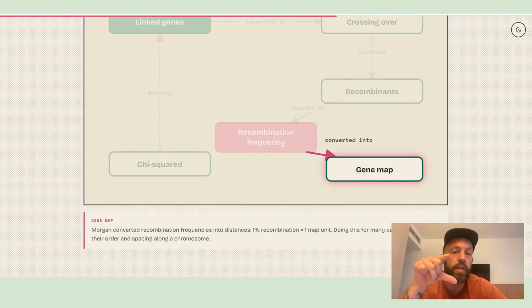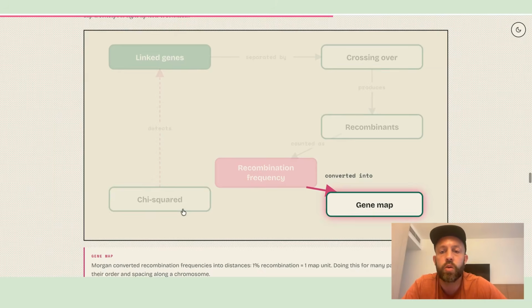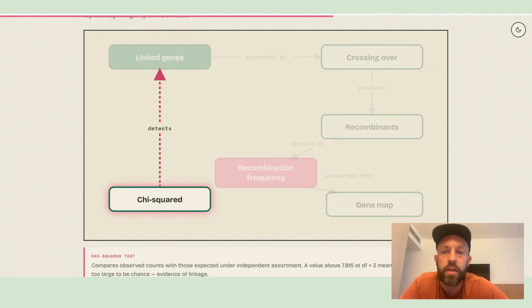If we look at recombination frequency, we can actually use that to make the gene map, and that's what scientists would do with fruit flies. Thomas Morgan's the famous guy that pioneered all of this, and he was looking at how often the different genes recombine, and he was able to figure out how far apart they were from each other. And chi-squared is our statistical test that's going to be able to tell us whether or not genes are linked or found on the same chromosome.